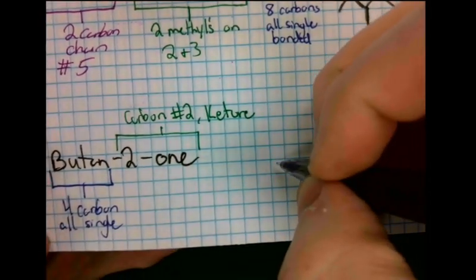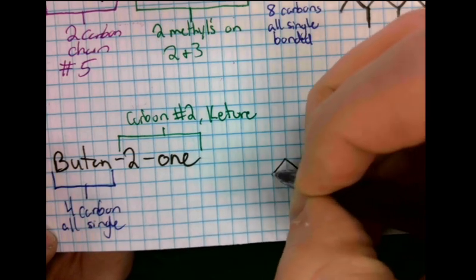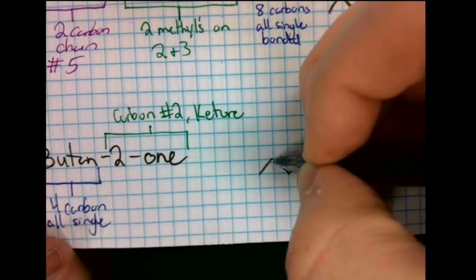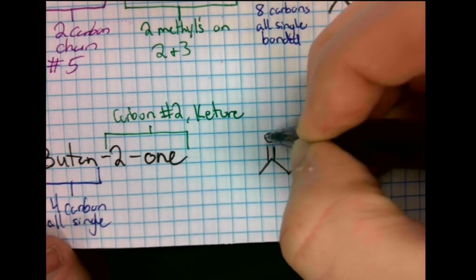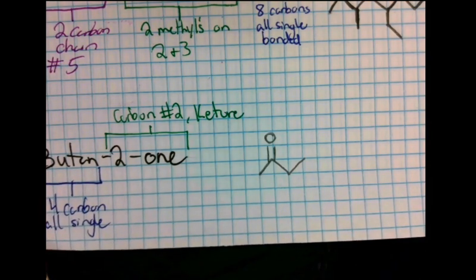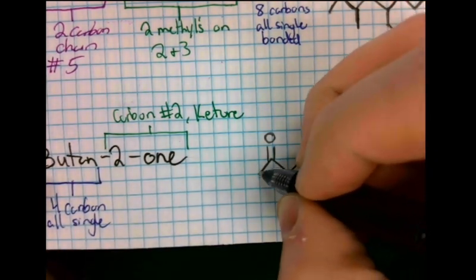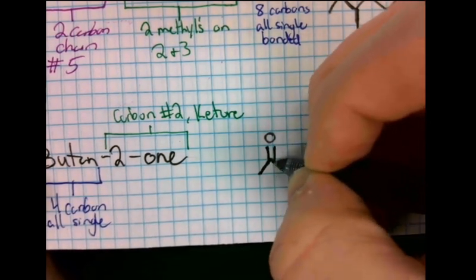So butane is 1, 2, 3, 4. And then on carbon 1, 2, we have a ketone, which is just a double bond to an oxygen. And that is it. Butane 2-one or 2-butanone. Either one of those is okay.